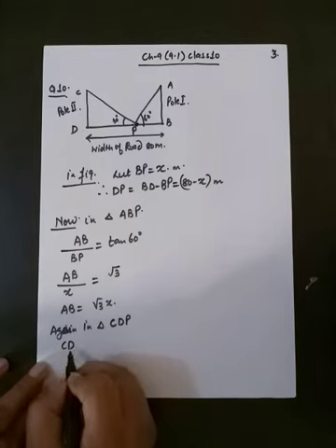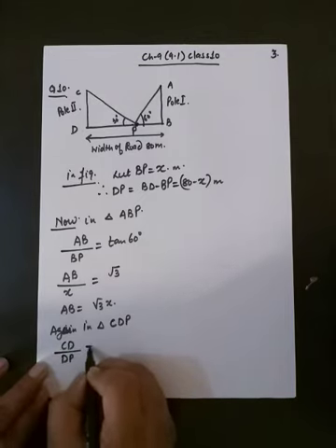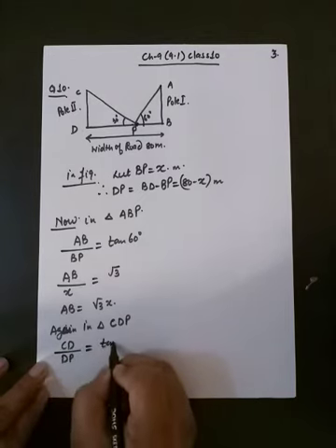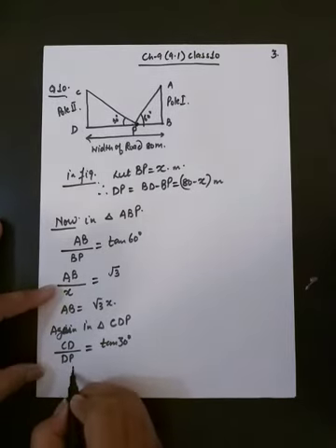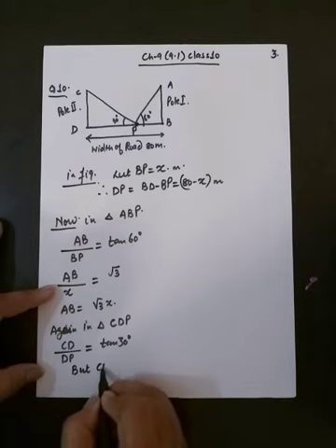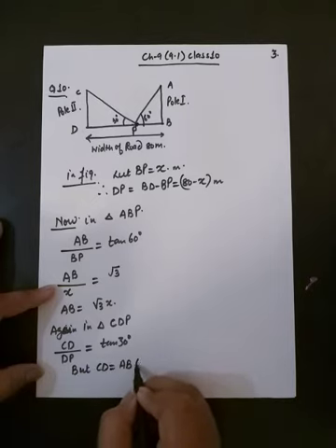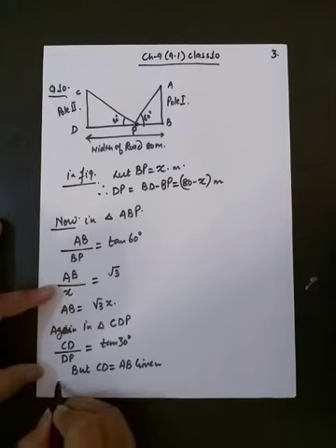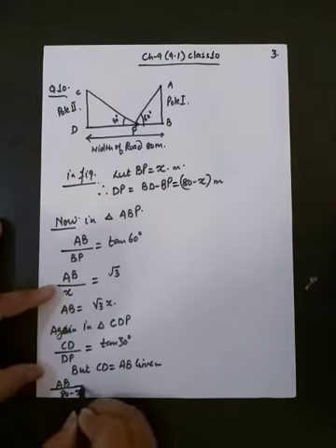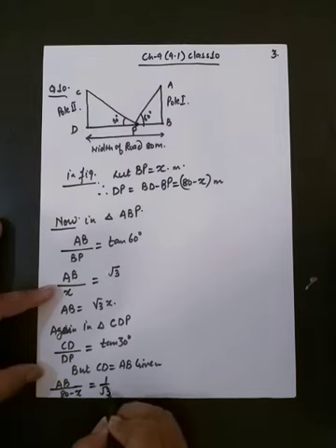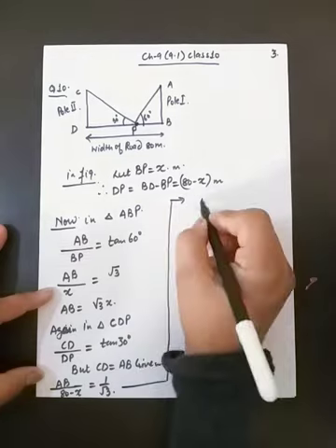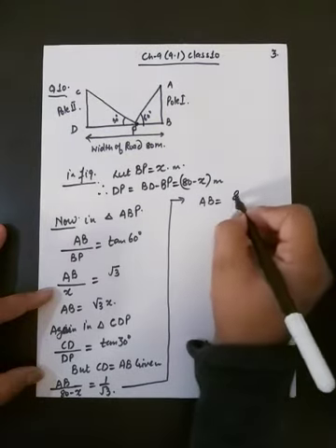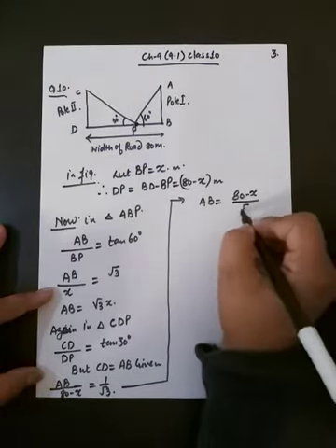In this triangle CD by DP is equal to tangent 30. But CD is equal to AB. This is given. So we can write AB, and DP is 80 minus x, and tangent 30 is 1 by √3. So we will get AB is equal to (80 minus x) by √3.